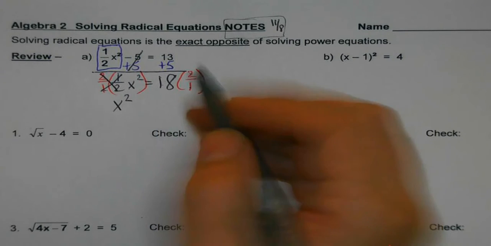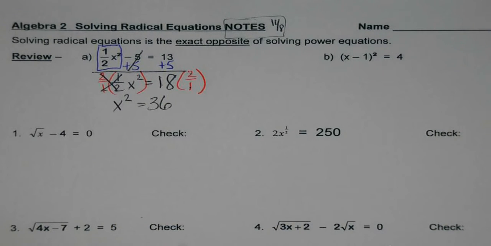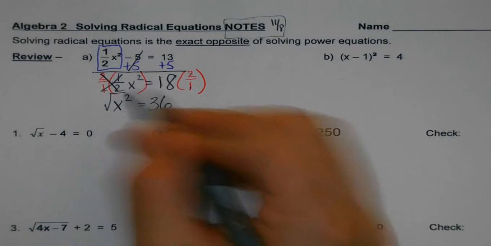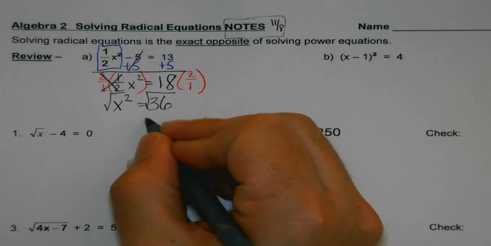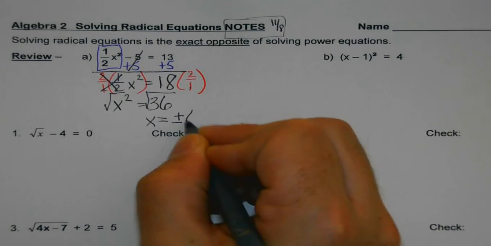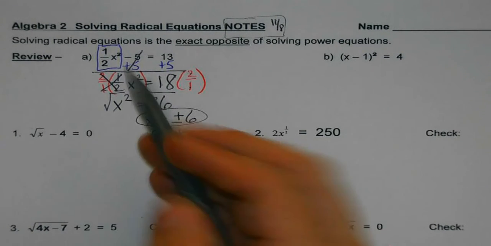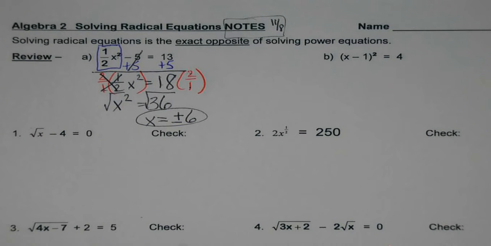So 18 times 2 is 36. And now I'm down to my very last part here, where I would take the square root. And again, when we have a quadratic, we get 2 answers, because I start with that squared, and the degree will tell me how many answers there typically are.